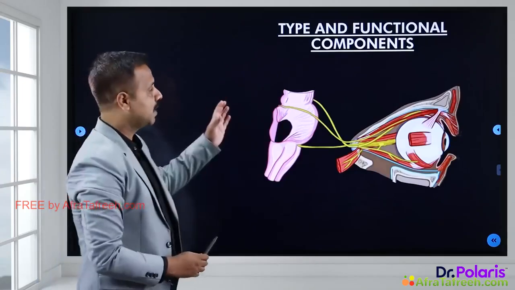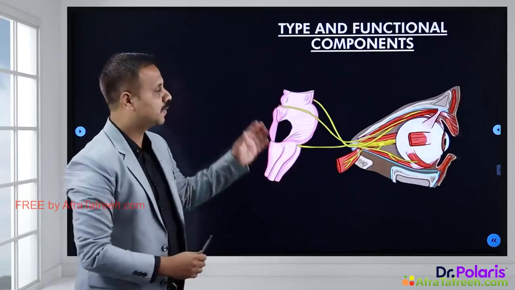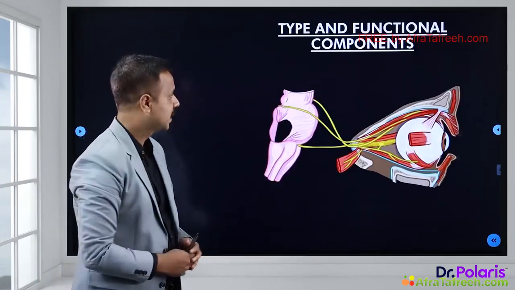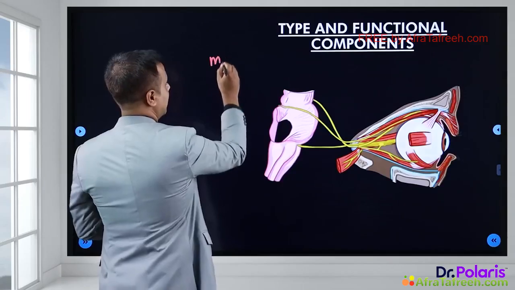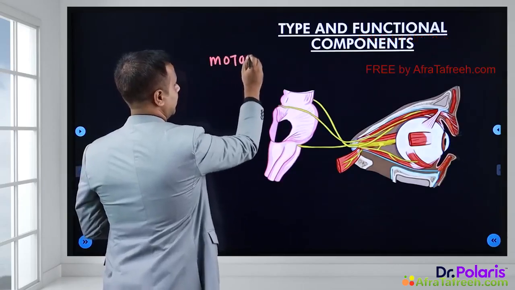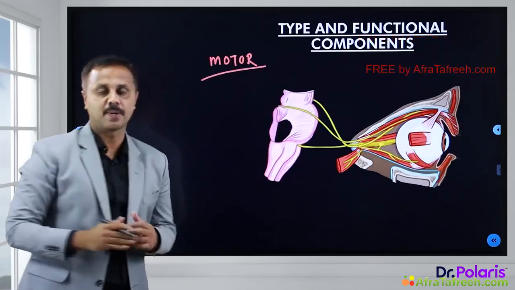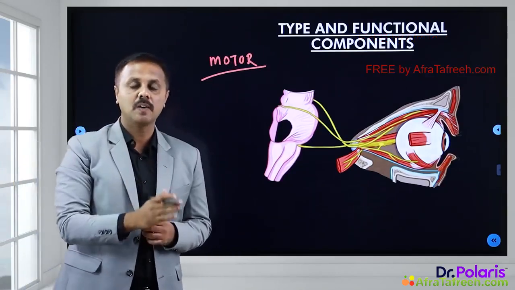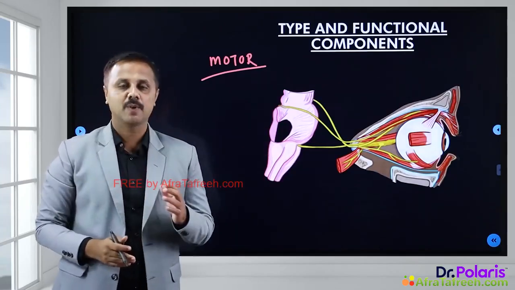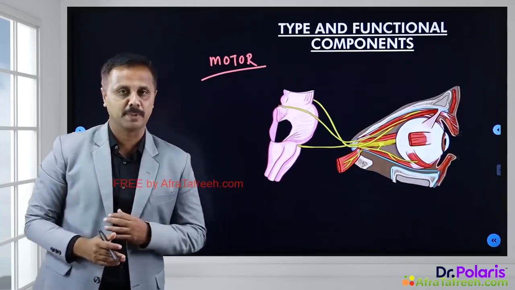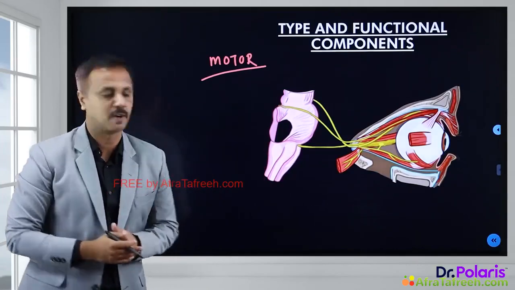Let's see what type of cranial nerve it is and what functional components it contains. As we discussed earlier, the oculomotor nerve is an example of a purely motor nerve. Once we say it is purely motor, we can rule out all four afferent components. So this should have any one or all three of the efferent components. First, try to list the efferent components.